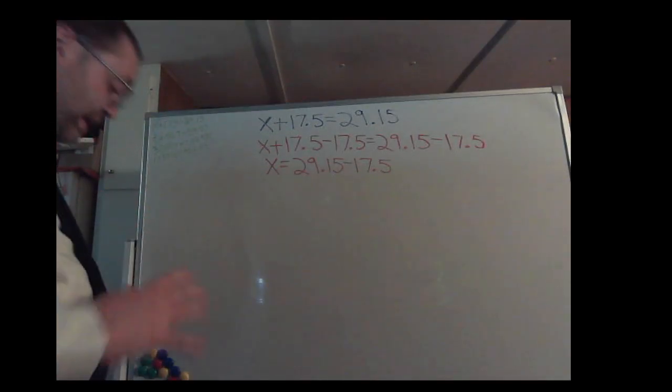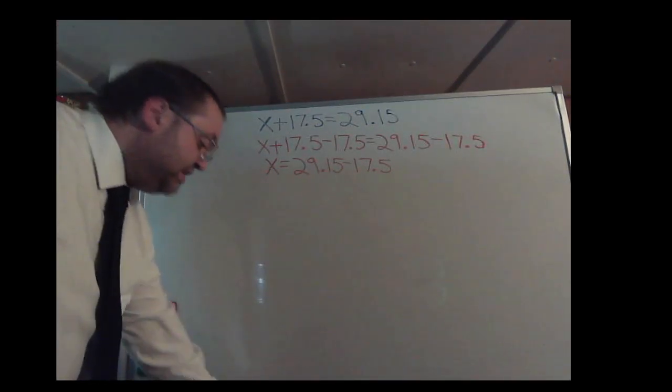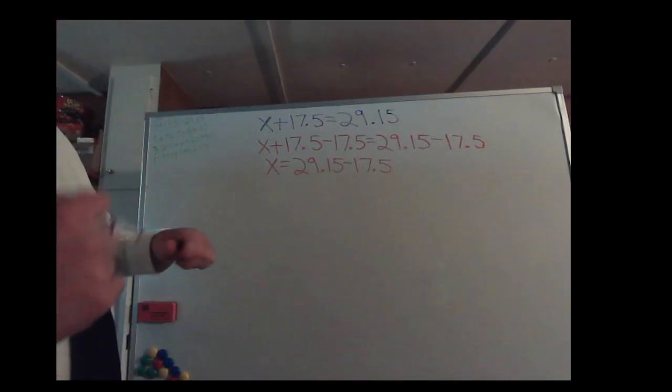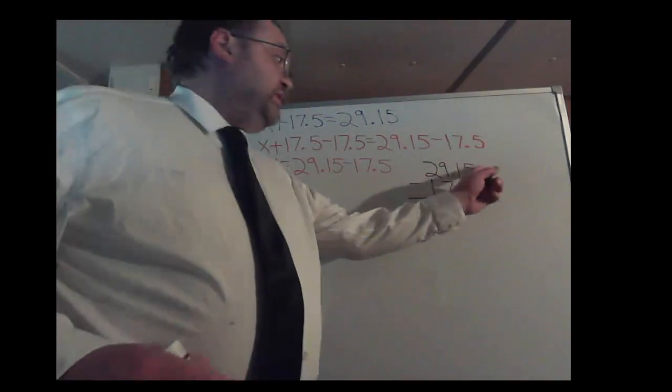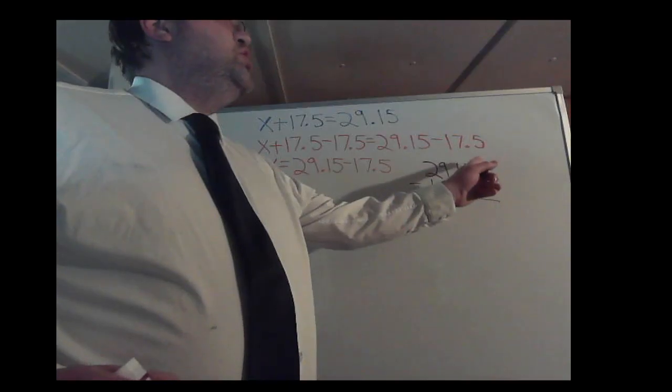Okay, that's fine. All we need to do now is solve a simple subtraction equation, which we will work out on the side. So we will have 29.15 minus 17.5. Okay? Well, one term of the equation has 2 decimal places.